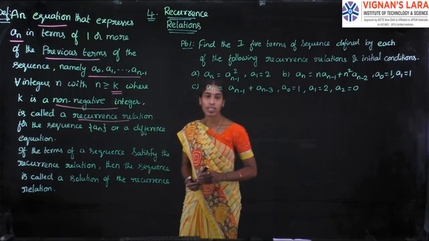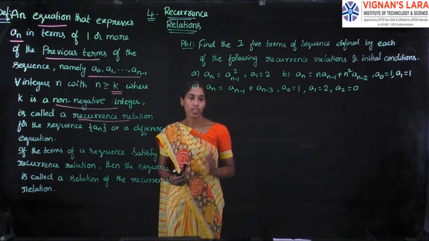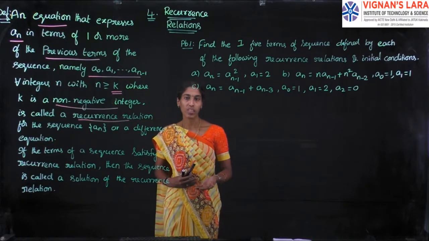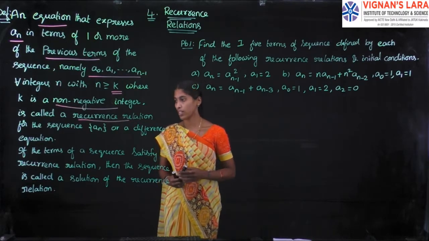So what is a recurrence relation? An must be expressed in terms of its previous terms, then we call it a recurrence relation.